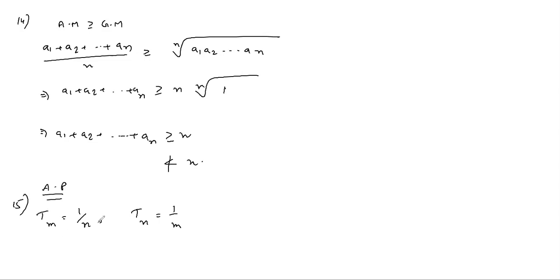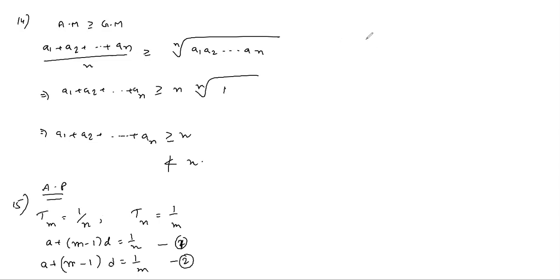So Tm means a plus m minus 1 into d equals 1 by n. A plus n minus 1 into d equals 1 by m. So from this, we have to find the mnth term. To find the mnth term, first we have to find the first term and common difference.